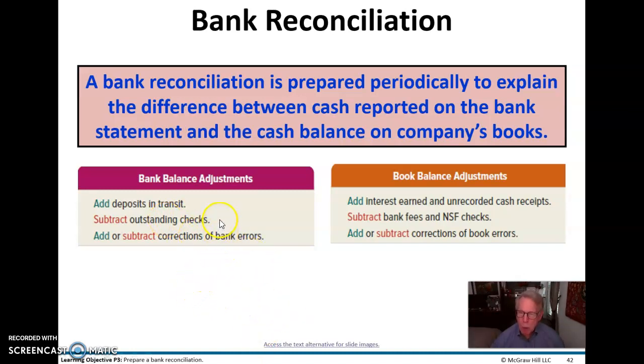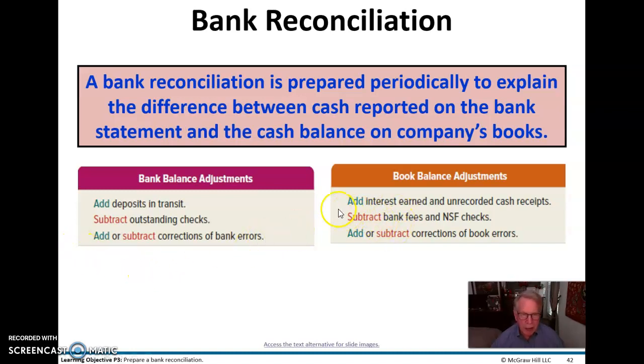And then we subtract what we call outstanding checks. These are checks that we as the company have generated but have not yet cleared the bank. And we get an adjusted bank balance. That's all there is to the left-hand side. I always do it first because it's simple, right? Unless there's a bank error, which is very, very rare, but does happen from time to time.